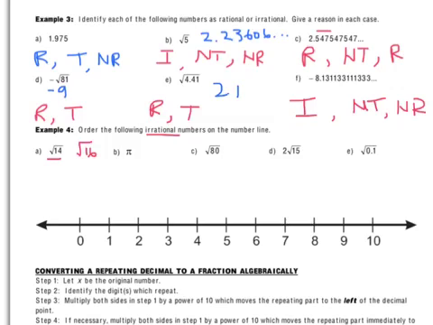The square root of 16 is 4. Therefore, I know that the square root of 14 will be close to 4. So I'll just say that it's somewhere around here, 3 point something, maybe close to 4 there.